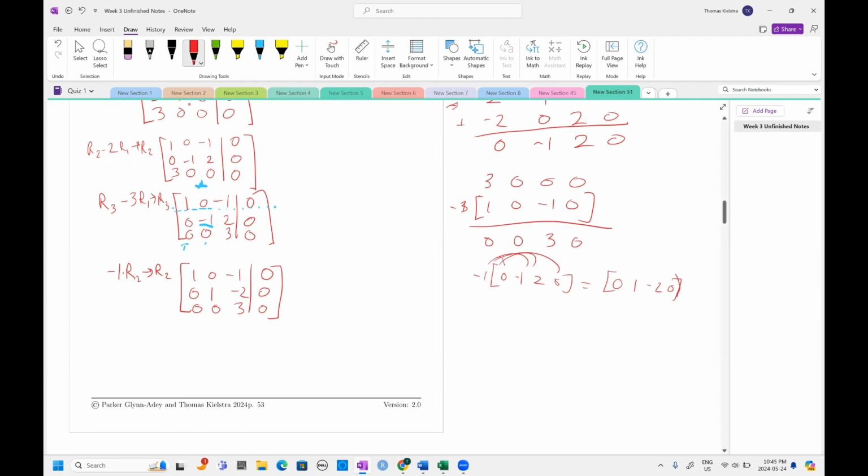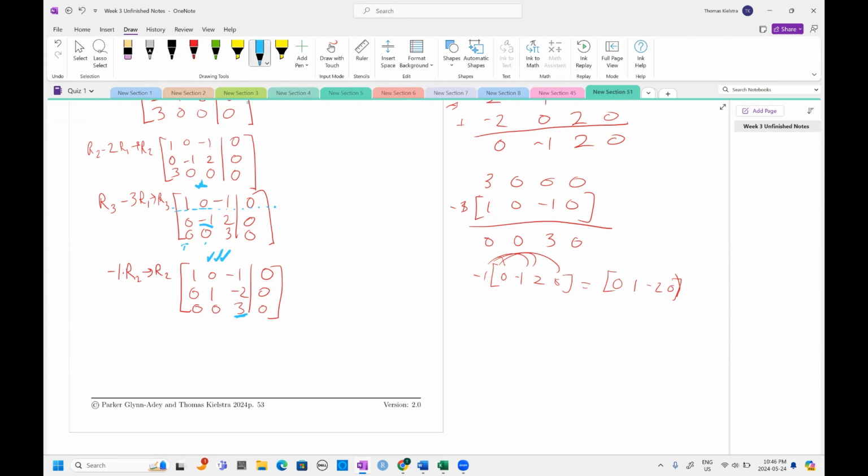Okay, so now we've picked the entry and made it 1. If we look up and down, we've zeroed out the column. We've put it in the right spot because it's the next row, first entry, it's in the right spot, and we've zeroed out the column. So now we have our last entry. Our last entry is this 3.